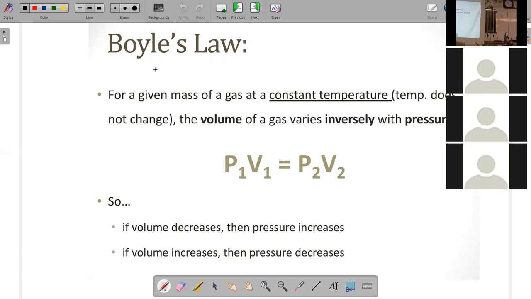So Boyle's Law is named after Robert Boyle. Boyle is pronounced the same as boil water, but those have no relationship to each other. They're just homophones, words that happen to sound the same.